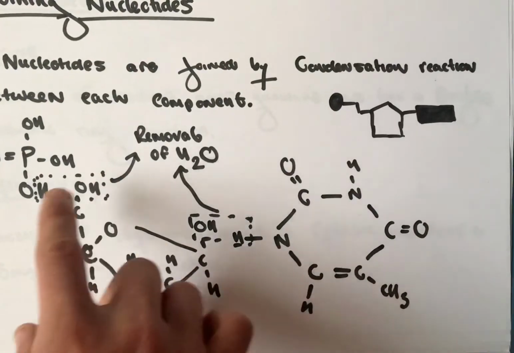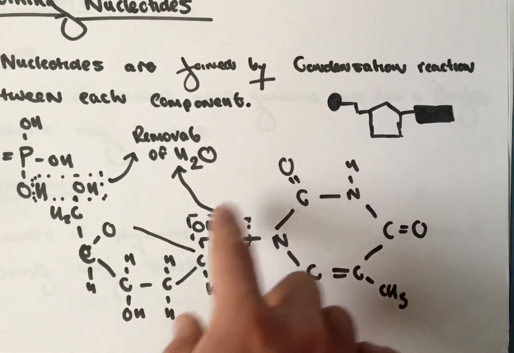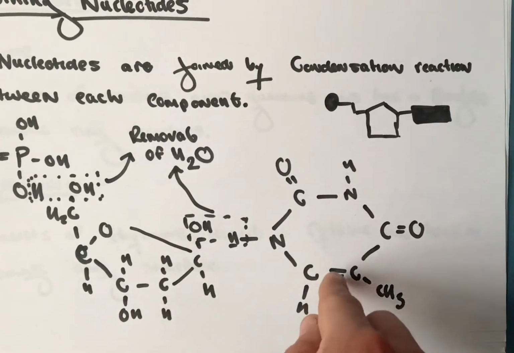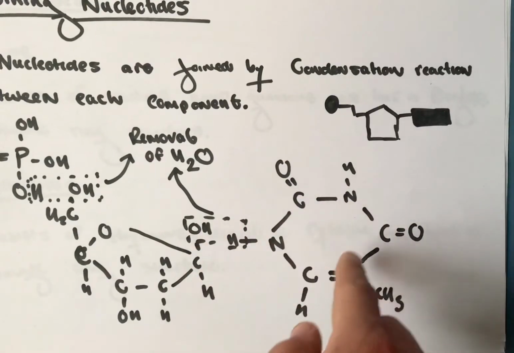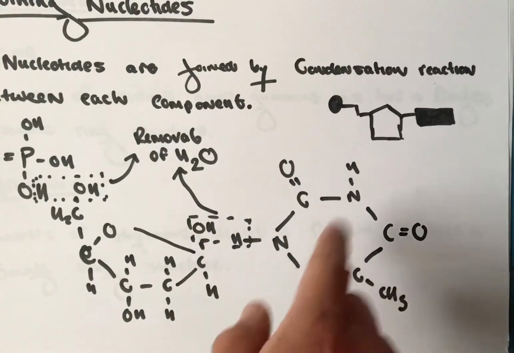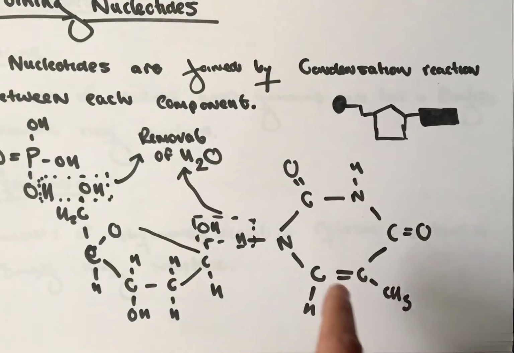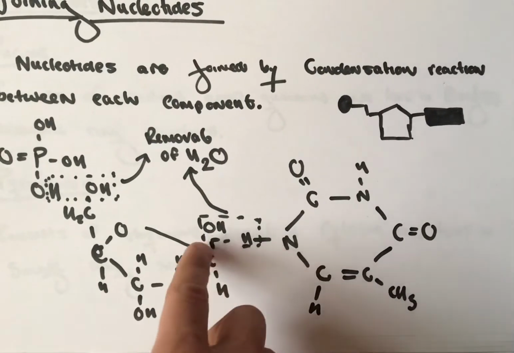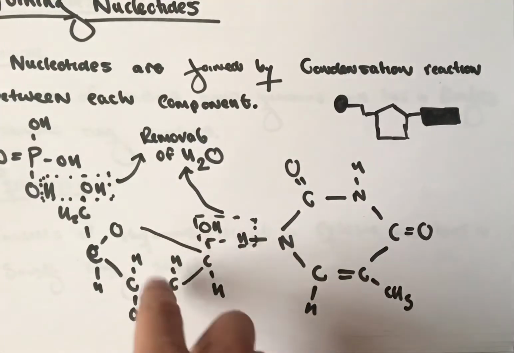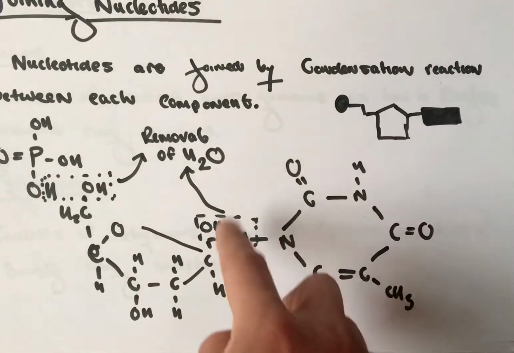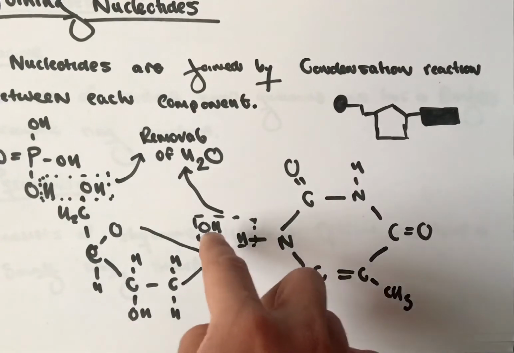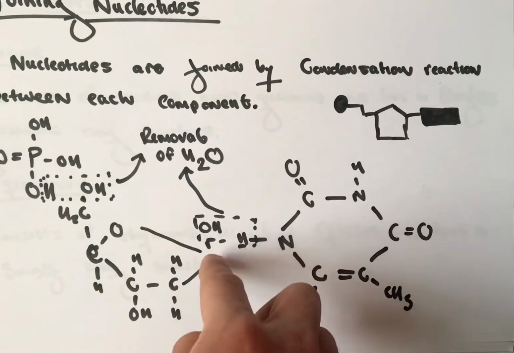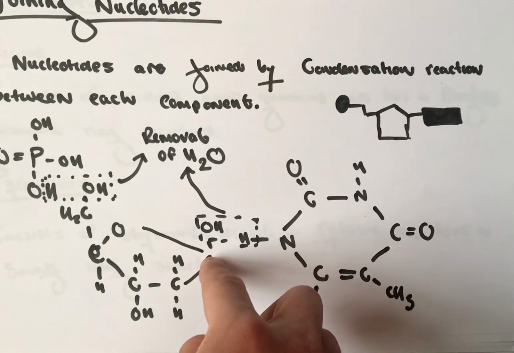So this is just the chemical displayed formula of the nucleotide, and this here is the nitrogenous base thymine. So as you can see, thymine is a pyrimidine and it only has one aromatic ring structure. So this is what I was referring to in the last slide. So here you can see the hydroxyl group of the sugar and the H from the thymine base are removed in order to form this bond here through a condensation reaction.